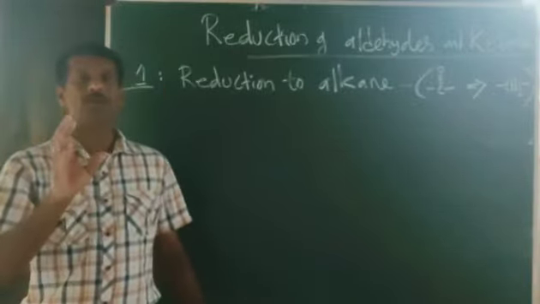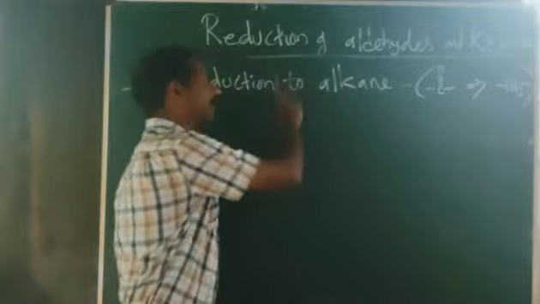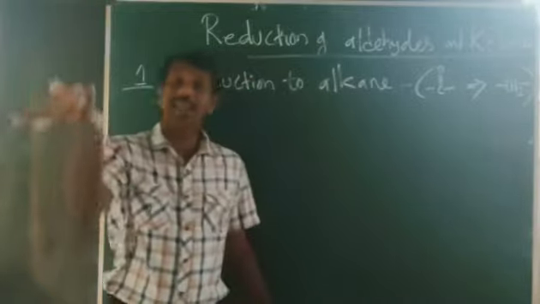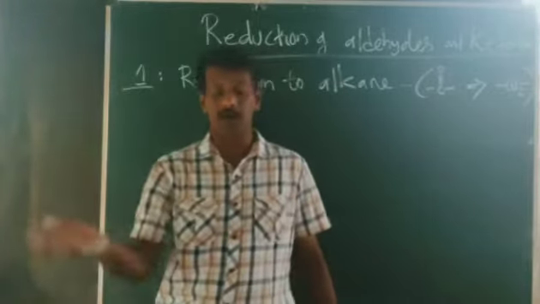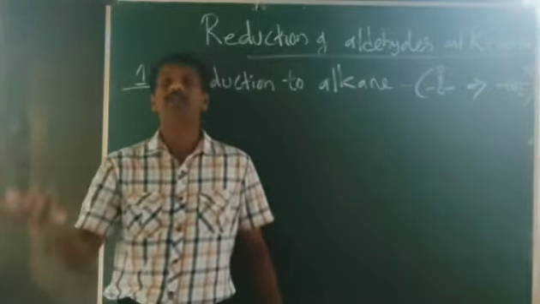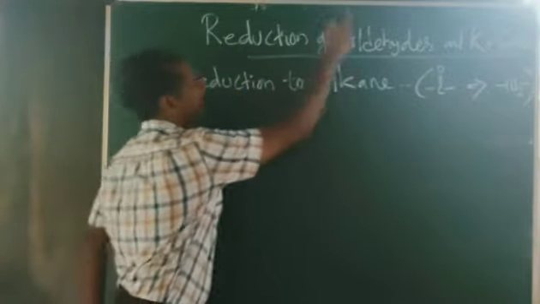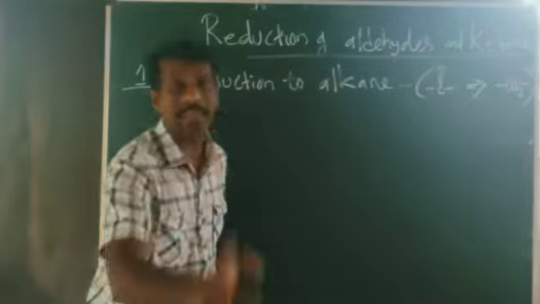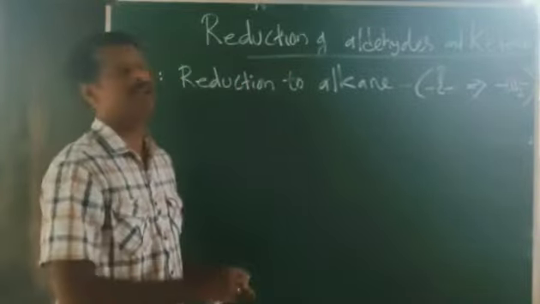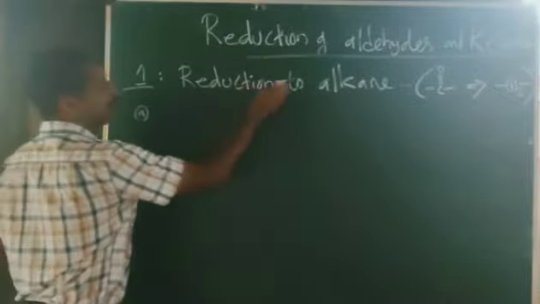So we are discussing reduction of aldehydes and ketones. Aldehydes and ketones will give two types of reduction reaction. One is reduction to alkane, and the second one, as we know, reduction to alcohols. So first we discuss reduction of aldehydes and ketones into alkanes. Out of that there are two types of reduction reaction into alkanes.